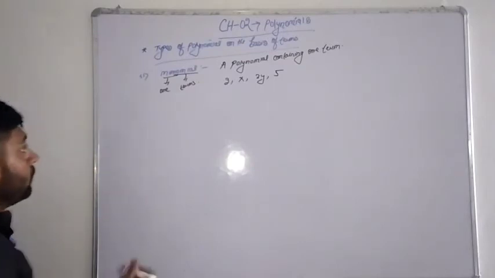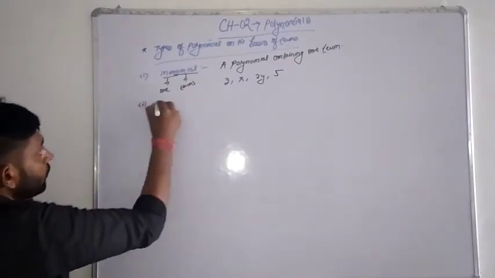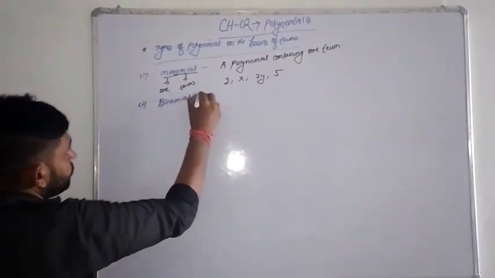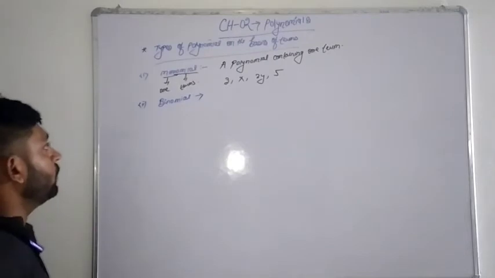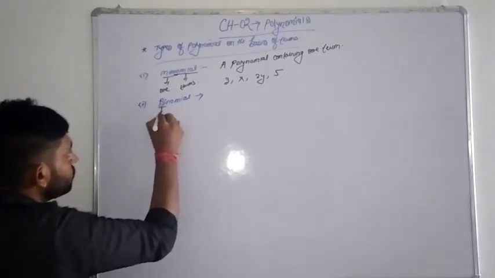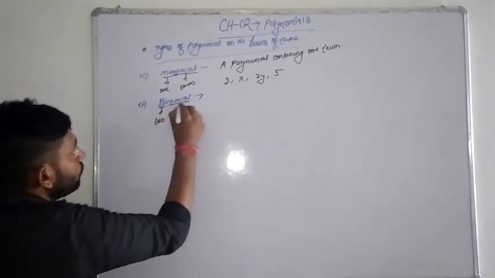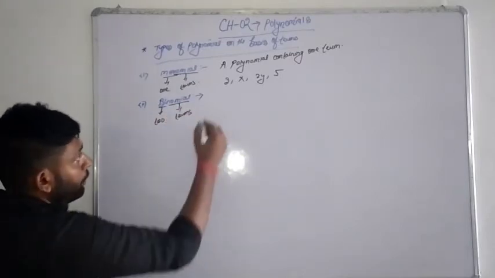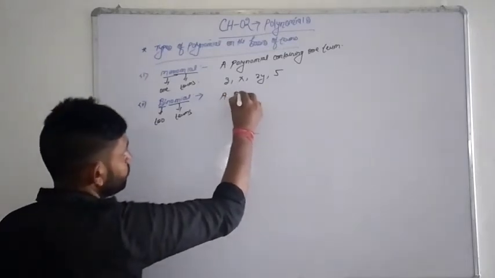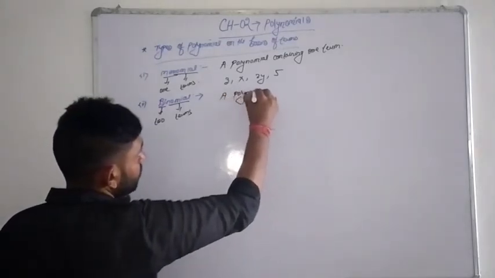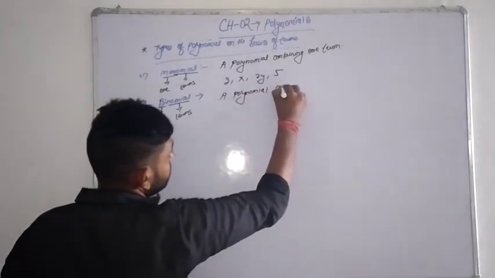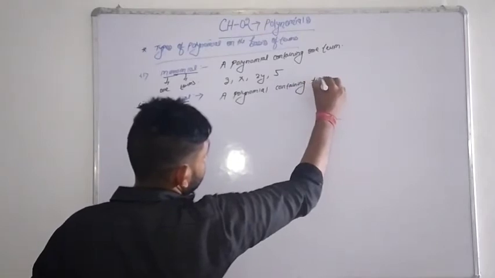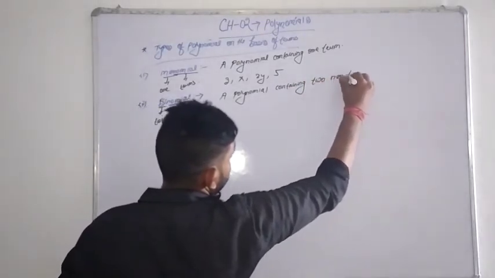Number 2, binomial. Here, bi means 2, and nomial means term. So, a polynomial containing two terms, containing two non-zero terms.